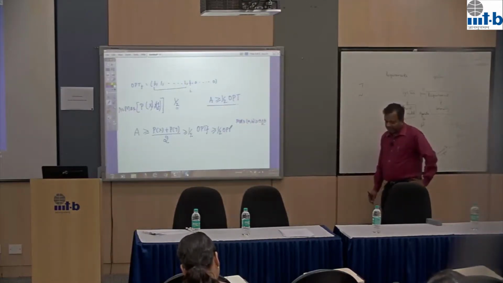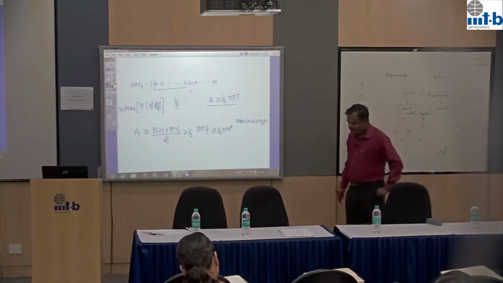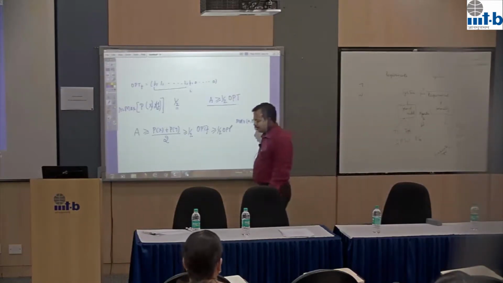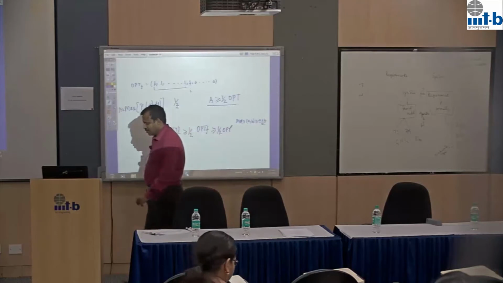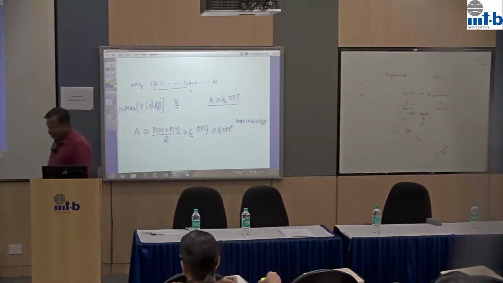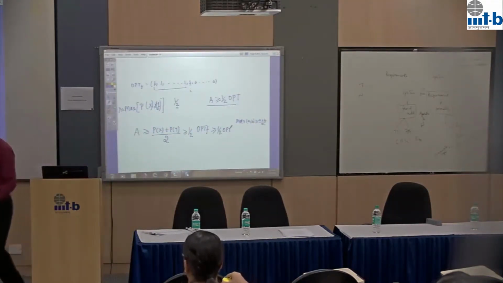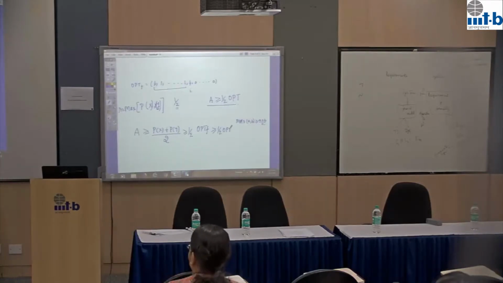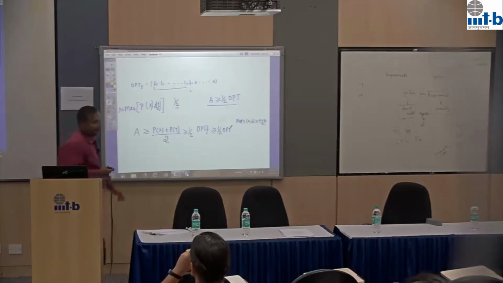So you have a simple greedy algorithm for fractional knapsack. The same algorithm doesn't work well for the 0-1 knapsack. Not only that, it also doesn't give you any good approximation factor. But you can make one small change to it and get an approximation algorithm, right? Which is good. So any questions so far?